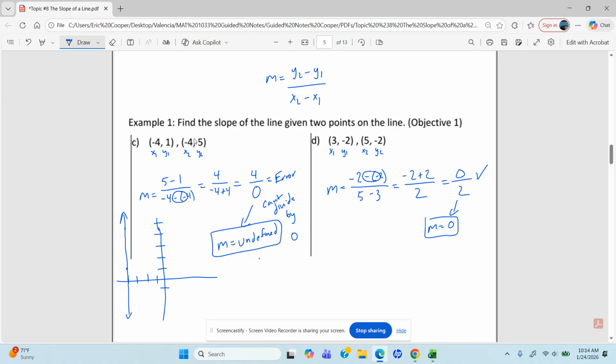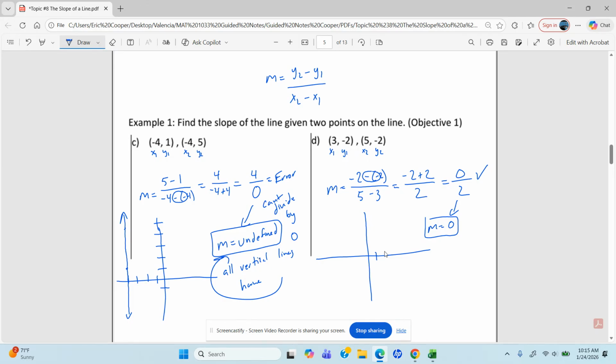So anytime the x's are the same, we're going to have a vertical line. All vertical lines have an undefined slope. So anytime we graph a vertical line, the slope will always come out to be undefined. Or another way to think of it, if your x's are the same, then your slope is going to be undefined.